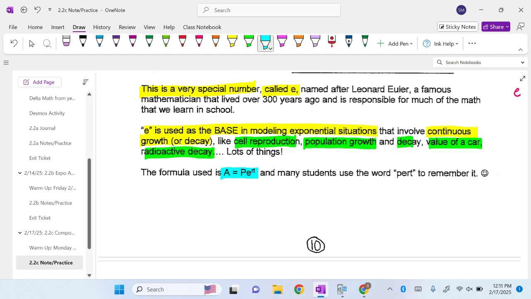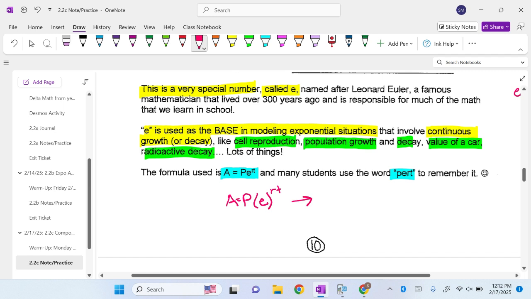And the way a lot of students remember it is that they remember the word PERT. So A equals P times the number E raised to the rt, where P, r, and t are the same things that we've been talking about. P is your initial, r is your rate, t is your time.